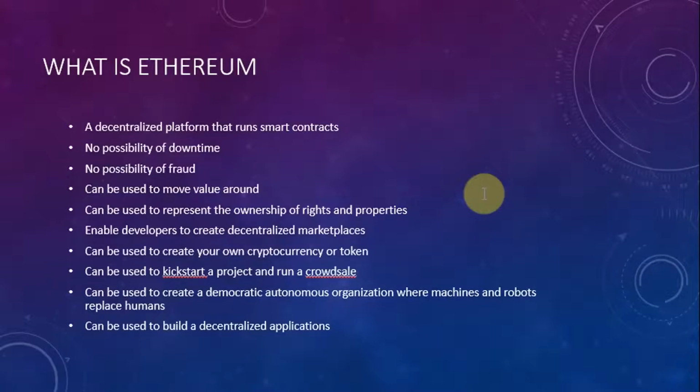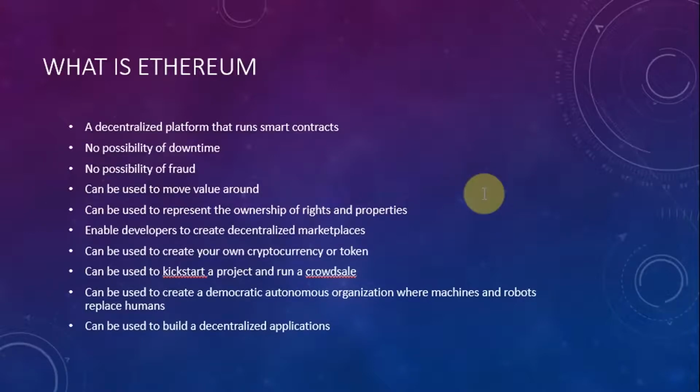For example, let's say a musician like Snoop Dogg owns the copyrights of his music. It can be digitally encoded and hashed and stored into the blockchain, and he can claim that ownership anytime, anywhere. So it's an attribute that Ethereum has that Bitcoin does not, and this is only possible because of smart contracts.